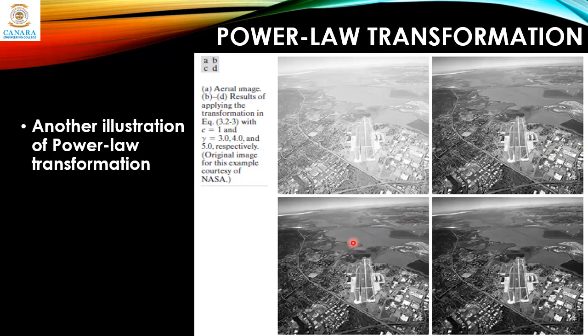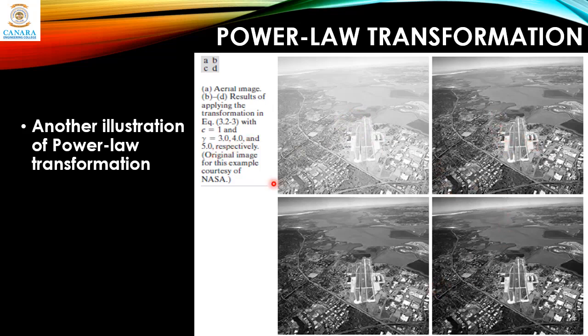Now if you go for a gamma value more than 1, it makes the images darker. What could be the application? Let's see. This is the aerial image of an area, and as you can see, it is somewhat hazy. There is a white glare in the image, and in order to remove that glare and view the area properly, we can apply gamma values 3, 4 and 5, and this will be the result.